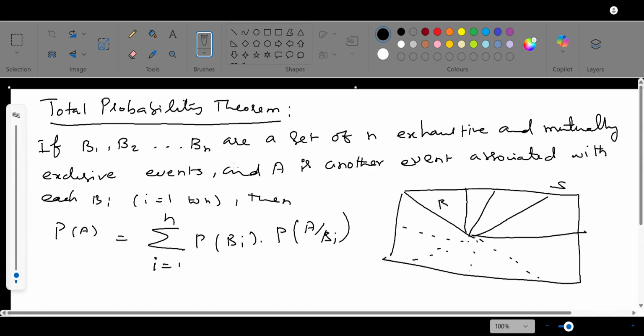They are mutually exclusive, and when you find the sum of their probabilities, it comes to one. A is another event which is associated with each Bi. Then the total probability of this event A we can find by means of this formula.